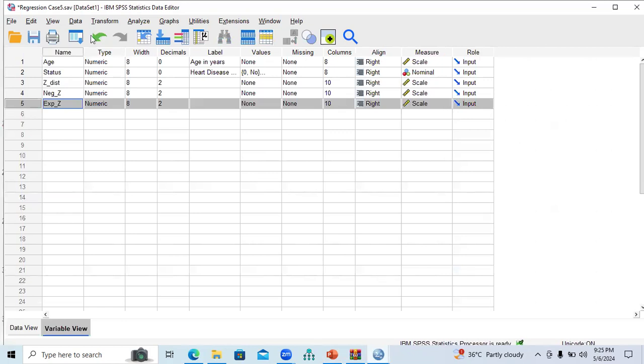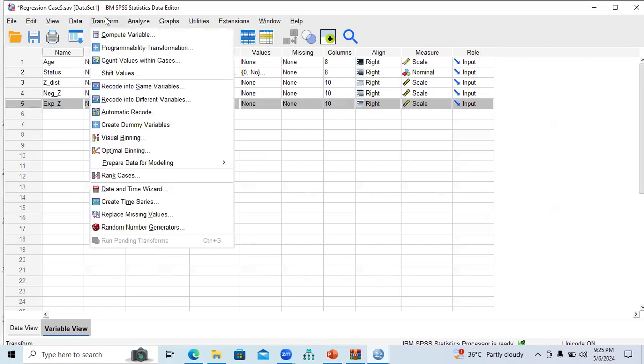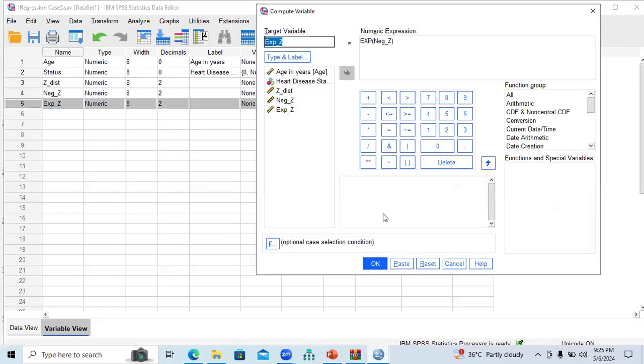So we go to Transform, Compute Variable, Reset. Now you can write here 1 plus exponent Z. So 1, plus sign, and then you need to double click exponent Z from here.